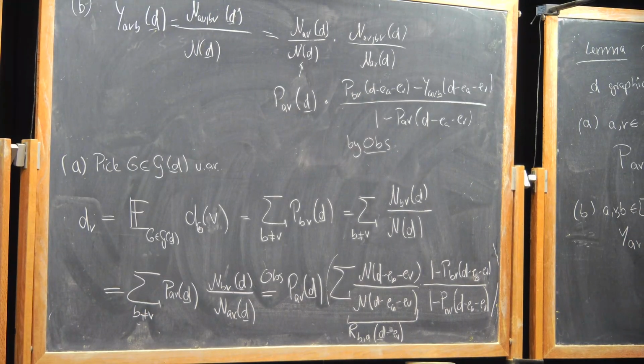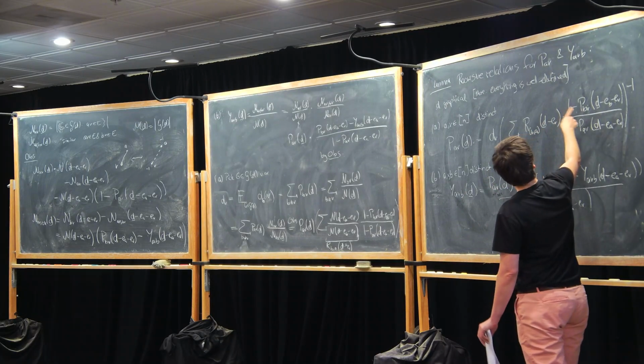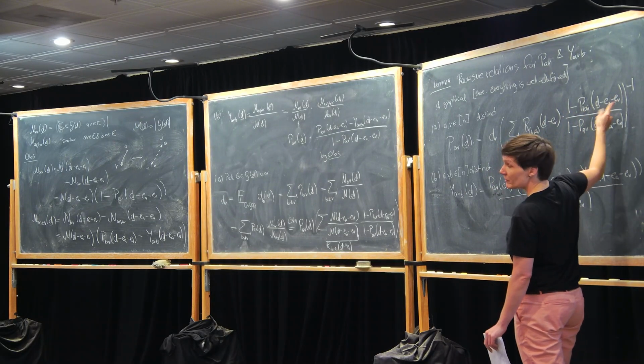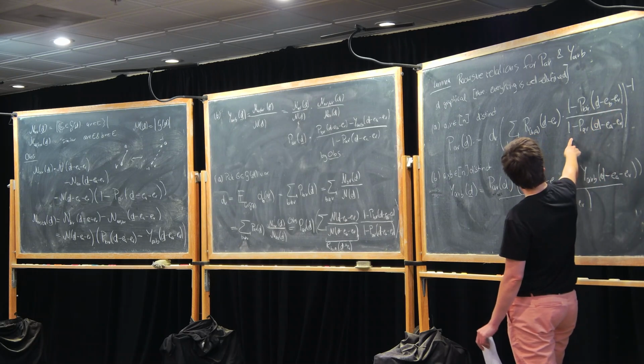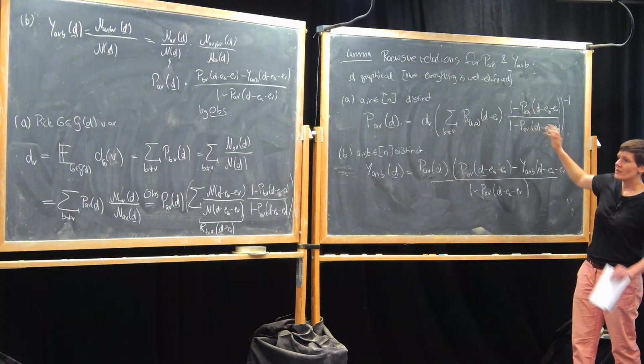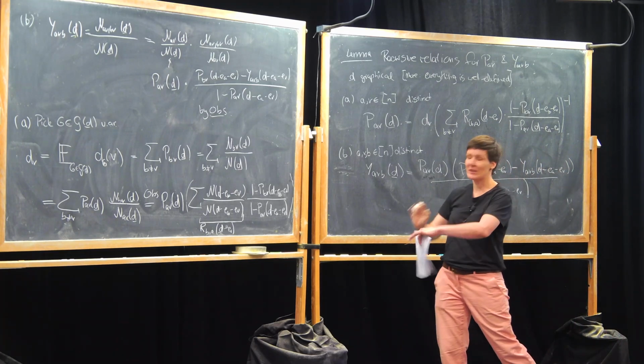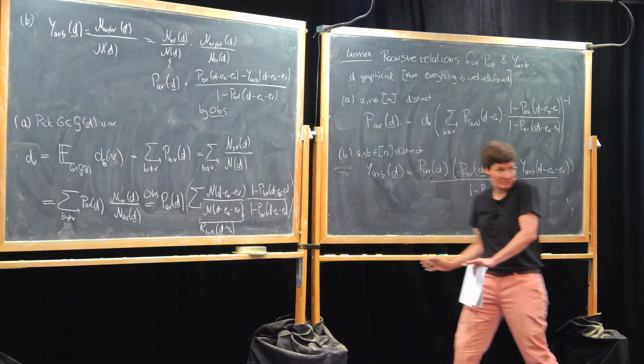I'm summing over all B's that are not equal to V, this ratio of a slightly reduced sequence, and then 1 minus an edge probability of D minus EB minus EV over some 1 minus another edge probability. So yeah, a combinatorial proof and some rearrangements. That's all that it is.